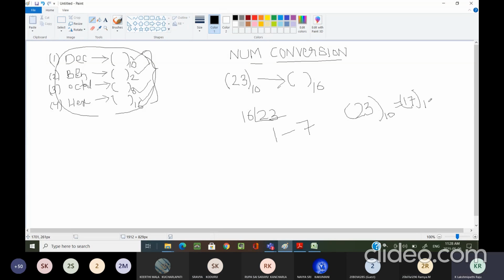I am considering one more number here. Tell me now, you have to answer me. 27 of base 10 is equal to what? What is the hexadecimal representation?